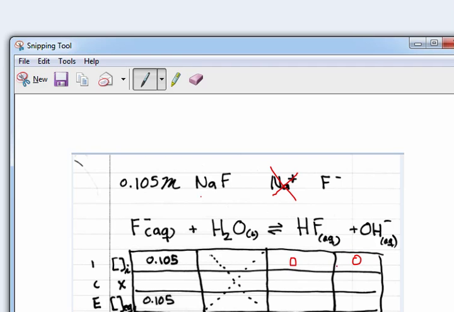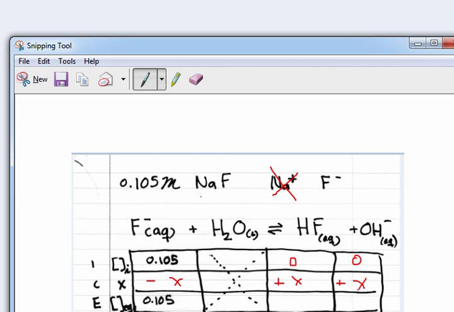Since we have concentrations of 0 in our product, we know that the reaction has to shift to the right. So I'm going to lose my reactant and gain my product as the reaction moves to establish equilibrium. Because all my stoichiometric coefficients are 1 to 1, my x is going to have a coefficient of 1.